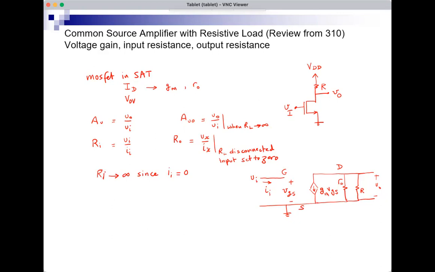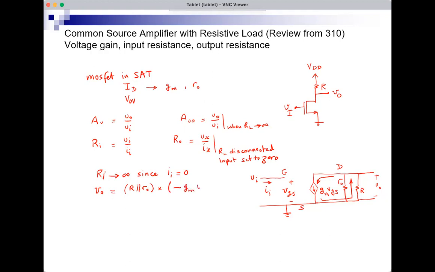What about the voltage gain? Well, if you look at the parallel combination of R and RO and consider it as just one resistor, then the current GM VGS is flowing like this, and then back, and then it flows up in the parallel combination of R and RO, which means that the voltage VO at output is, because the voltage is plus at D and minus at ground, and the current is flowing up, the resistance, which is the parallel combination of R and RO, times the current GM VGS, but GM VGS is flowing up, so I need to have a minus sign there.